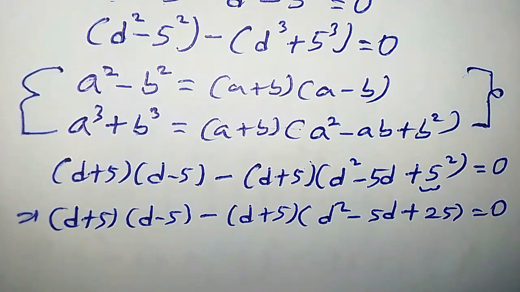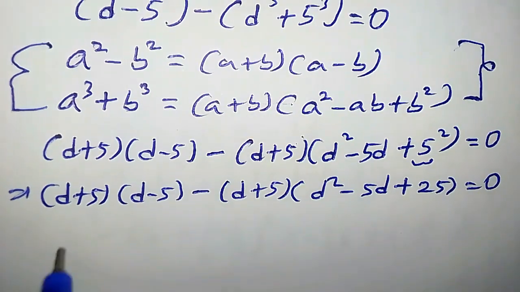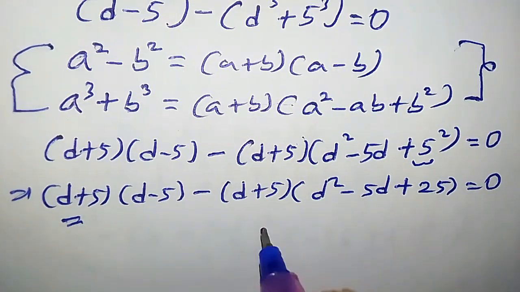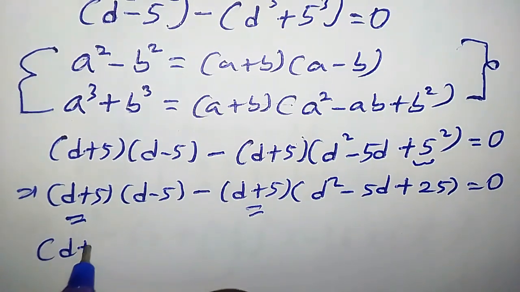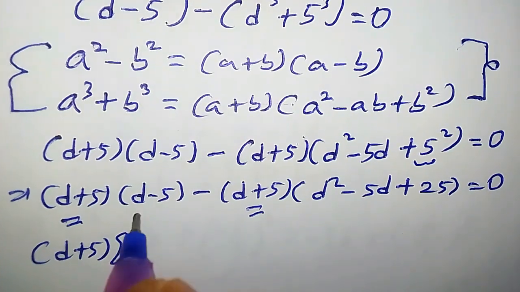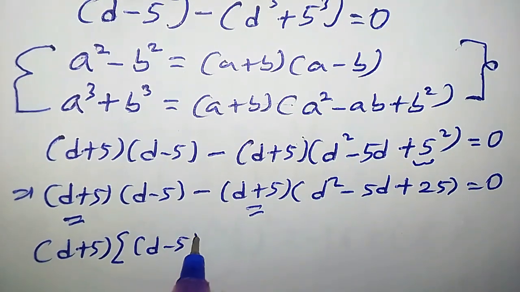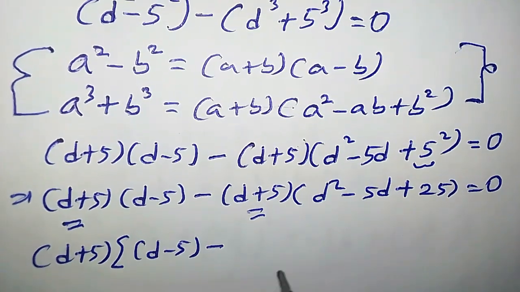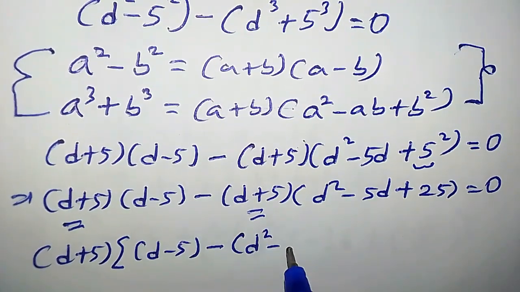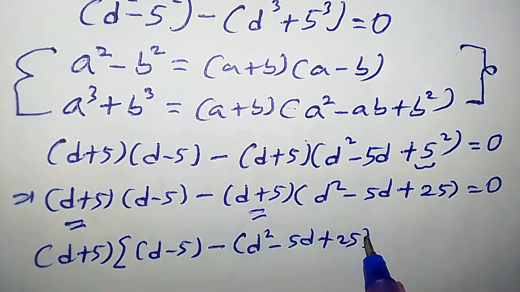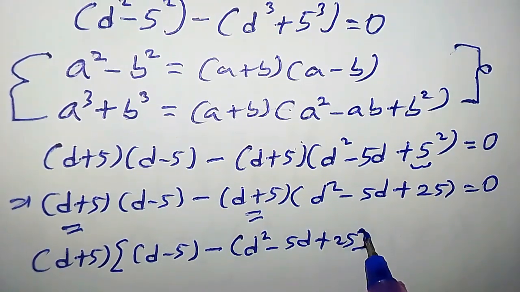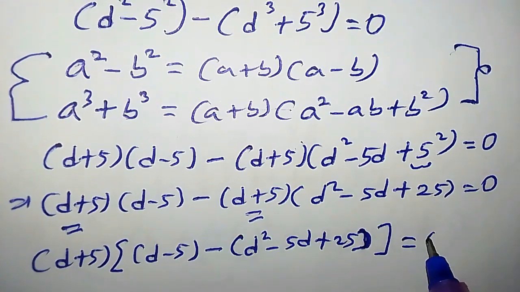Everything equal to 0. You will observe that d plus 5 is common. I can factor it out. So that will be d plus 5 into d minus 5 minus d square minus 5d plus 25, these are round brackets, equal to 0.